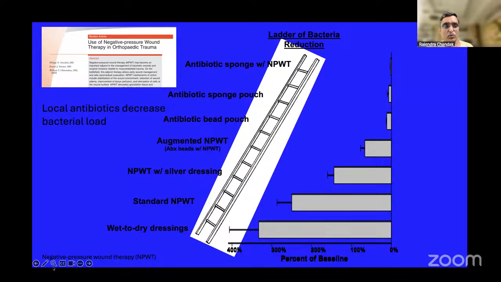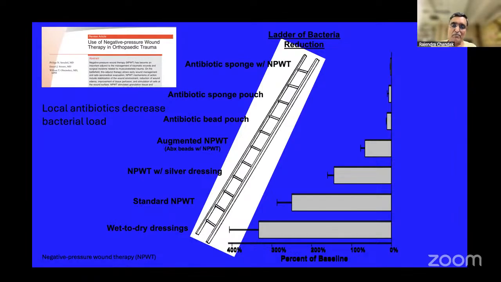Then we use standard negative pressure wound therapy, then silver dressings along with negative pressure wound therapy, then augmented negative pressure wound therapy with antibiotic coated beads or a cement antibiotic bead pouch with negative pressure wound therapy using a sponge.